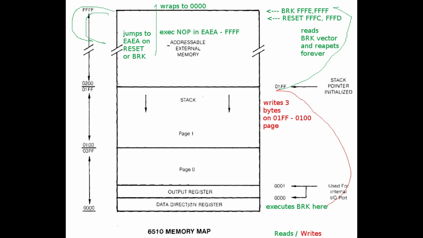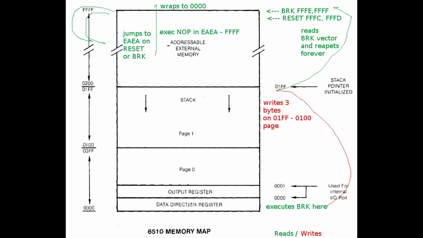So if we want to attempt a NOP socket on the 6510, we have to use resistors of at least 330 ohms on each of the data lines to either VCC for the 1 or ground for the 0. So this is the first problem.